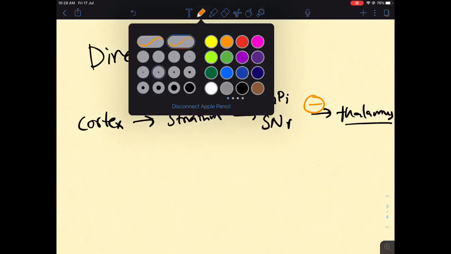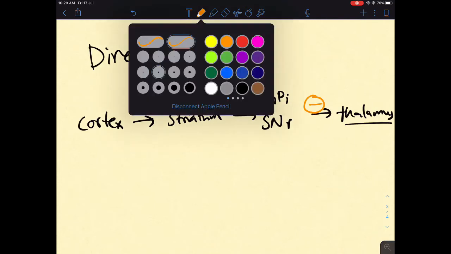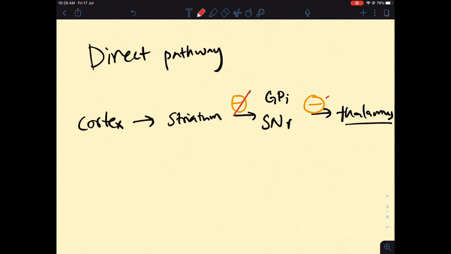The striatum actually also sends inhibitory signals to the globus pallidus interna and the pars reticularis of the substantia nigra. So inhibition of an inhibition, so that they cancel, so it's actually activation. So the direct pathway increases movement.